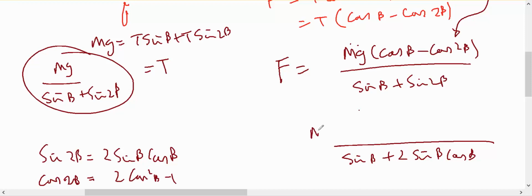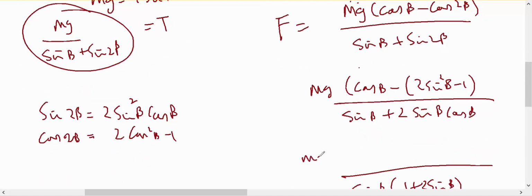So I'm going to have mg (cos of beta minus 2 cos squared beta plus 1), which gives me mg, and then I've got minus 2 cos squared beta plus cos of beta plus 1, the negative on the 1.